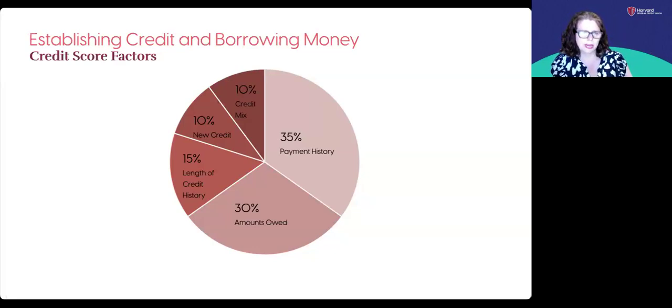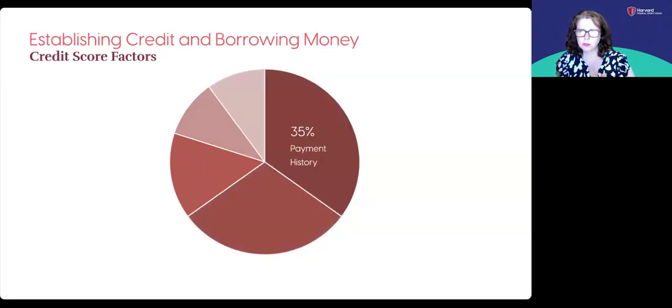That instead you're paying off your credit card either every month or pretty quickly, and that the amount that you're actually using is less than what you have available to you. Then they're going to look at the length of your credit history, new credit, and credit mix.